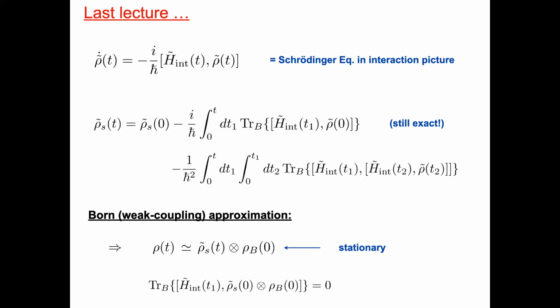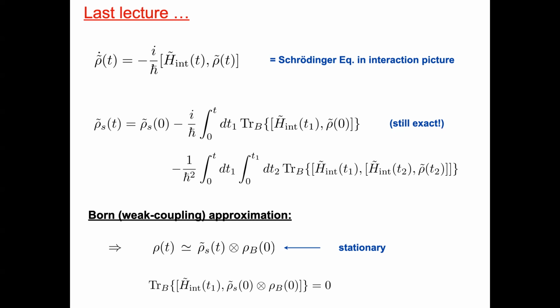So what we did with this equation then, we simply started to integrate it. We integrate both sides, so we get rho_S(t) equals rho_S(0), minus i over hbar, integral from 0 to t, and then whatever is on this side, integrated as a kernel. Then we can take the solution and insert it back into this equation, and with this we get in principle a hierarchy of this form: first a single integral with H_int at t1, then a double integral, and so on.